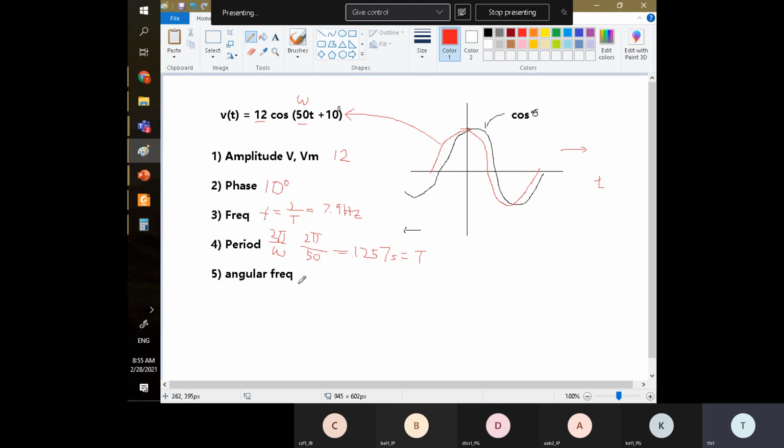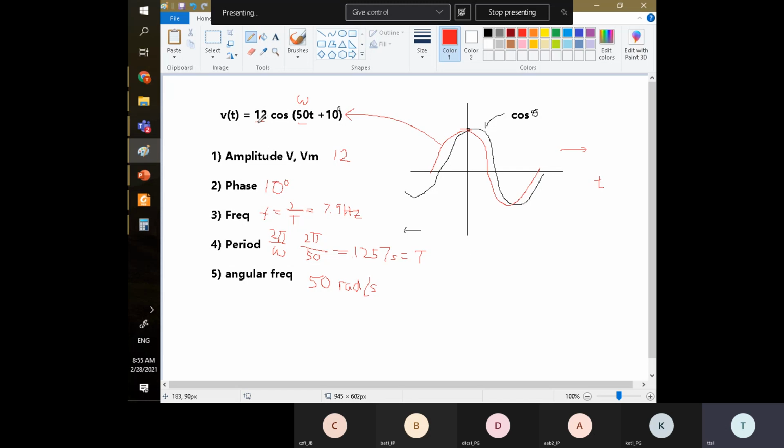So what is the angular frequency? Angular frequency is this omega, 50. 50, but in radian per second. 50 radian per second. Okay, this is the answer.